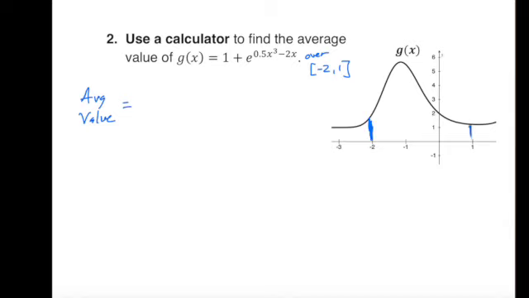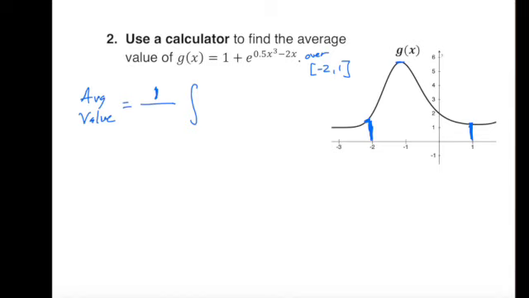Yes, I could have made up any interval there, but -2 to 1, and you can see the y values get up there near to 6. Right here, they're around 1, so you would think the average y value is going to be somewhere in between, maybe around 3 or 4. So again, you're going to find the area, which will be the definite integral, and divide by the base.